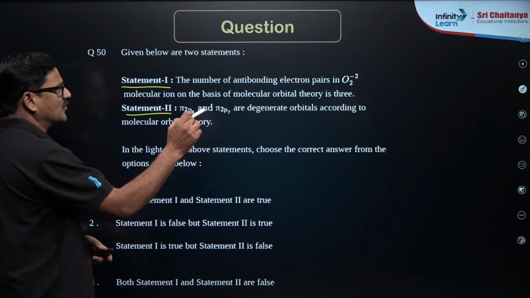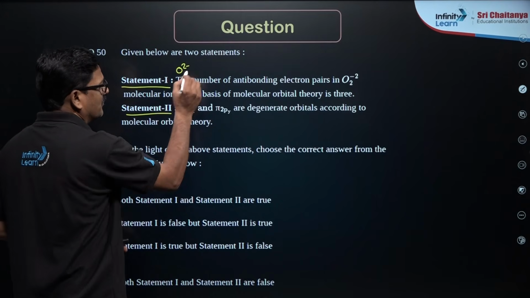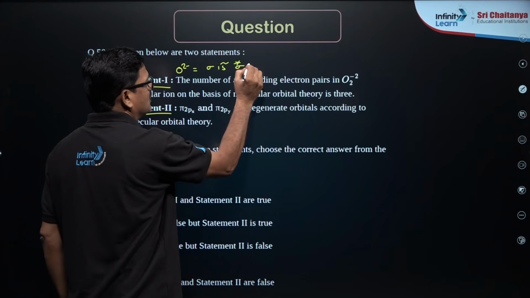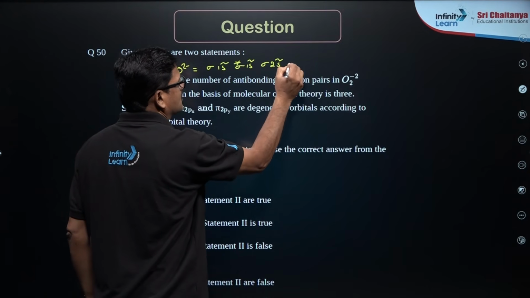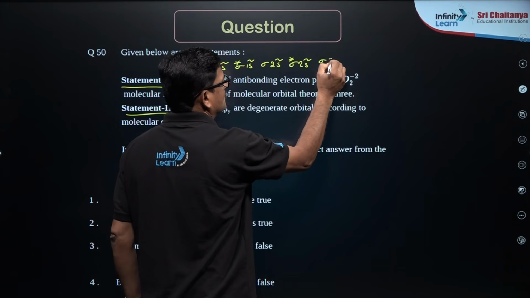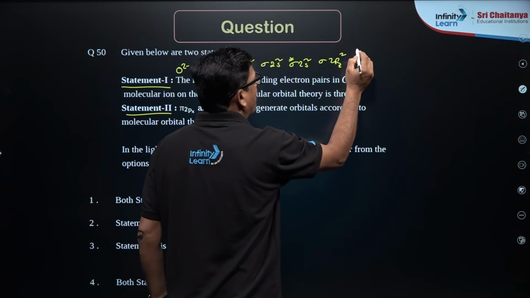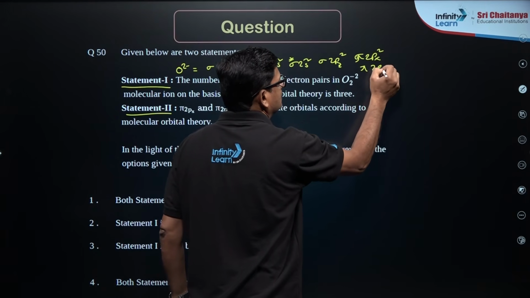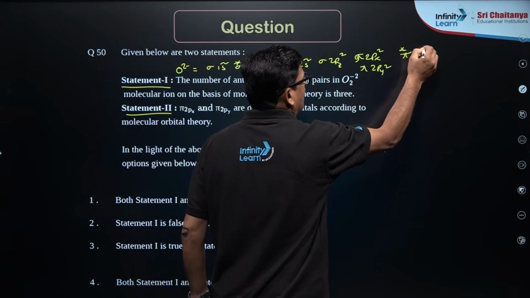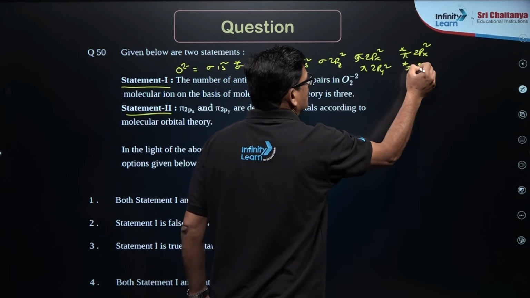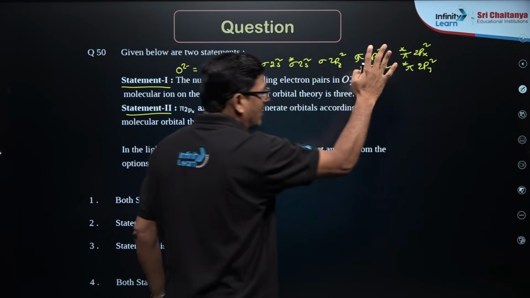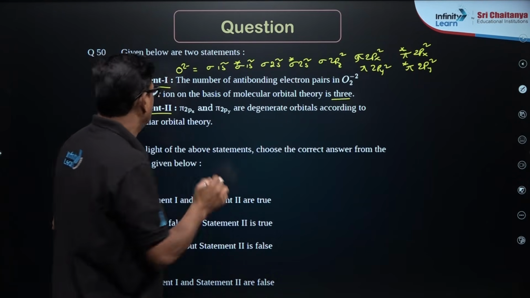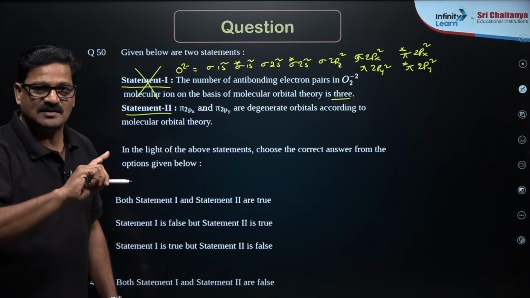If you write the electron configuration of O2 2-: sigma 1s2, sigma star 1s2, sigma 2s2, sigma star 2s2, sigma 2pz2, pi 2px2, pi 2py2, pi star 2px2 and pi star 2py2. So there are 4 electrons there, and he said that only 3 are there. So I want to say statement 1 is wrong.